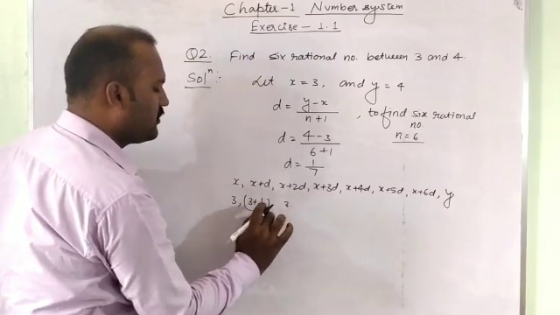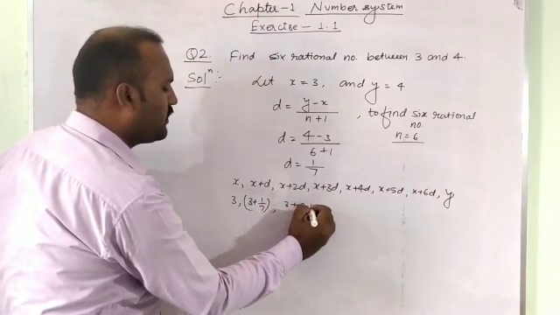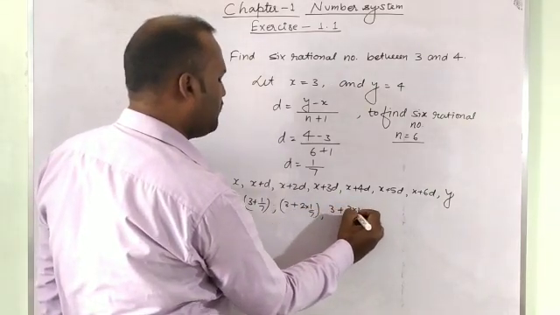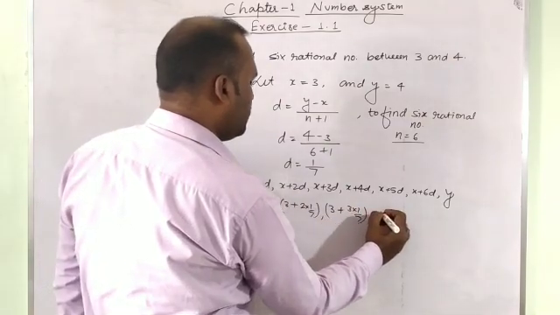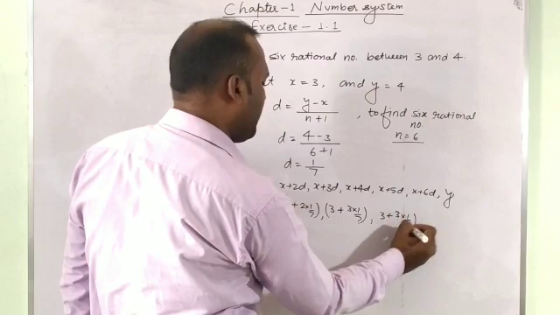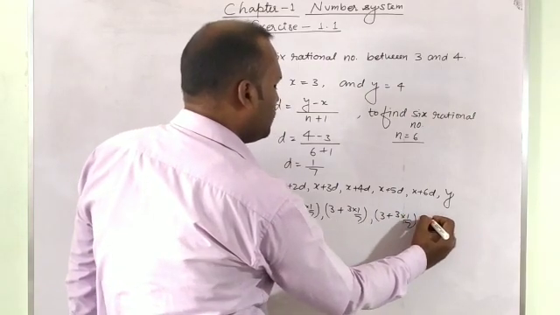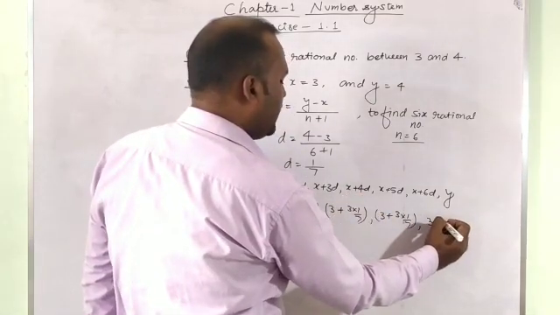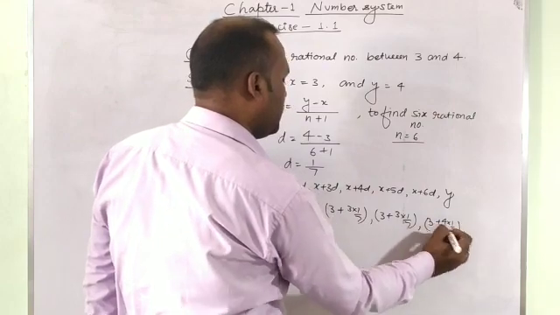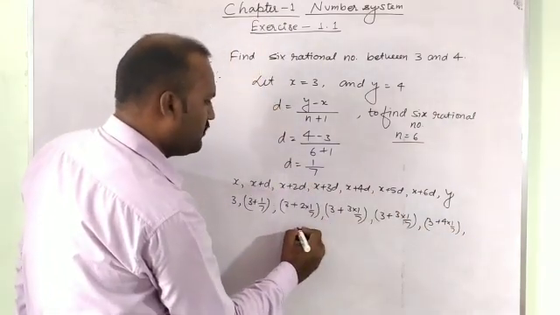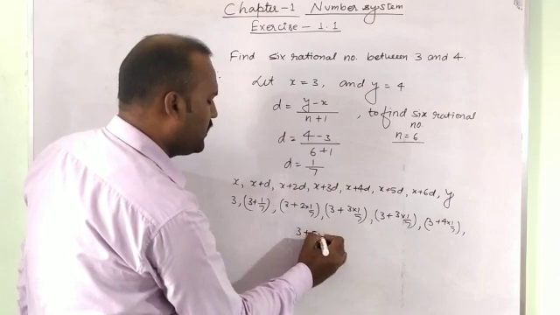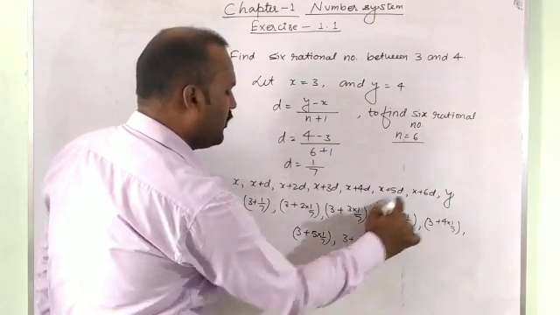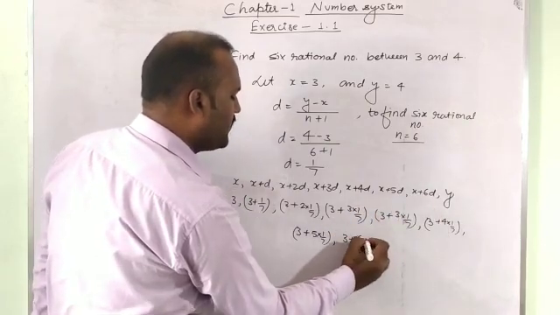Then 3 plus 2 into 1/7, 3 plus 3 into 1/7, 3 plus 4 into 1/7, 3 plus 5 into 1/7, and 3 plus 6 into 1/7.